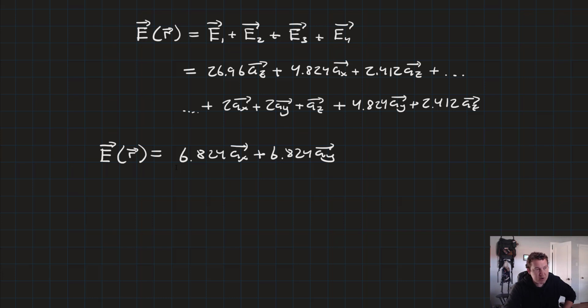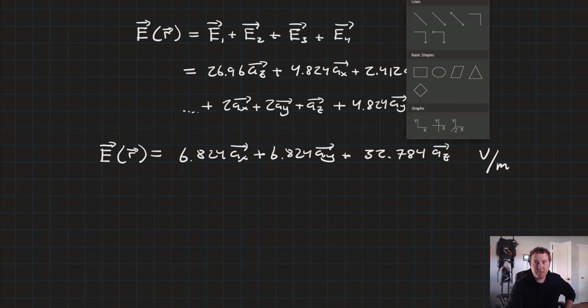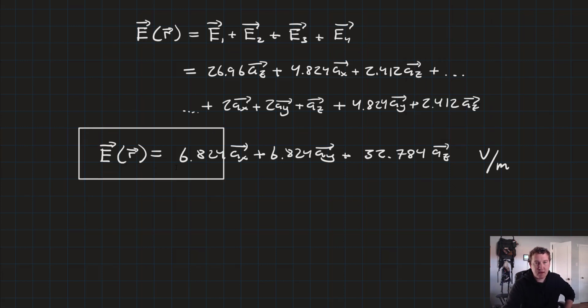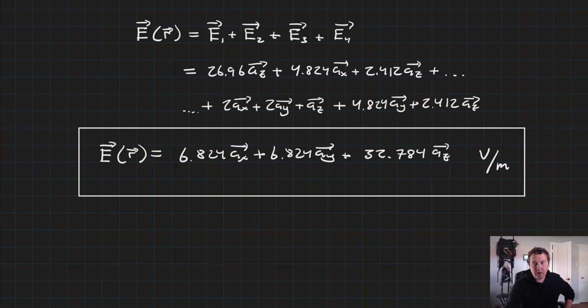Look at that, a little bit of symmetry, plus 32.784 times a sub z. And electric fields are given in volts per meter. So there is our final answer of our combined electric field calculated for 4 point charges at that point 1, 1, 1.